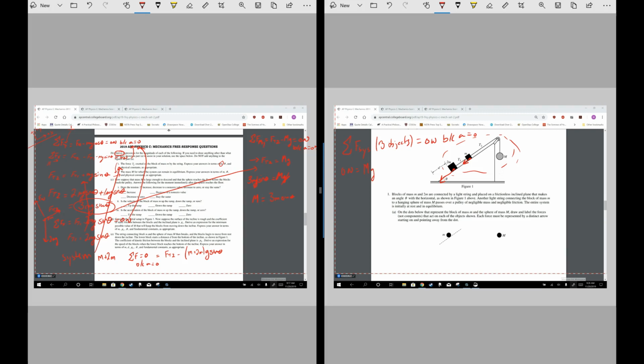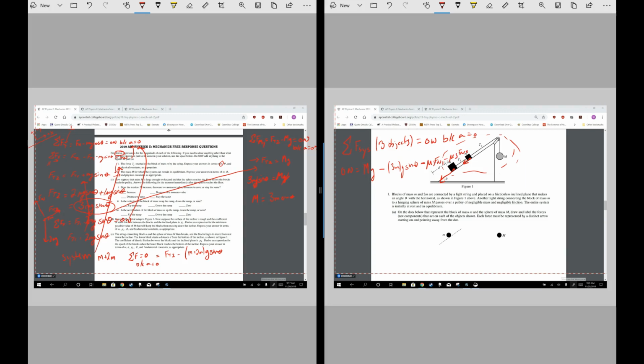That has not changed. And on the other side I have what I had before, which is the 3m times g sine theta. But what has made things really complicated is the fact that we also have a minus μs Fn for one block and a minus μs Fn for the second block.